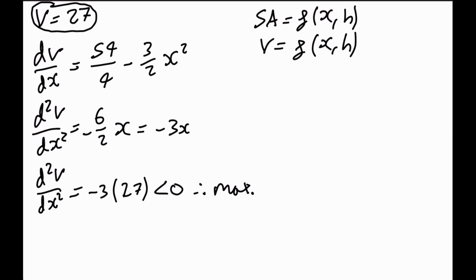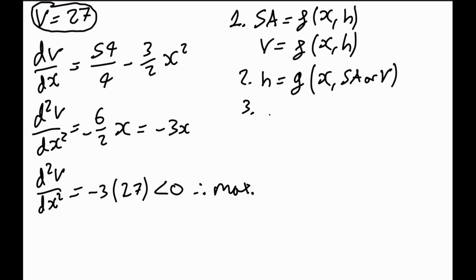And now you would rearrange the equation to get h as a function g in terms of x and your surface area or your volume. So this would be your first step, this would be your second step. Your third step would be to substitute h into another equation. So say you have your surface area and you're trying to find your maximum or minimum volume, you substitute into the volume equation. And if you have your volume, you'll substitute into the surface area equation.